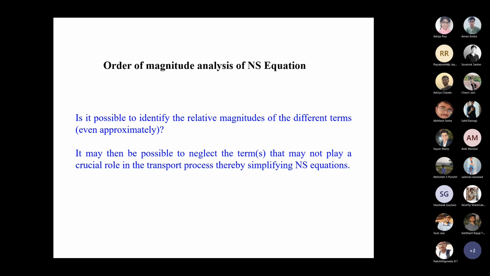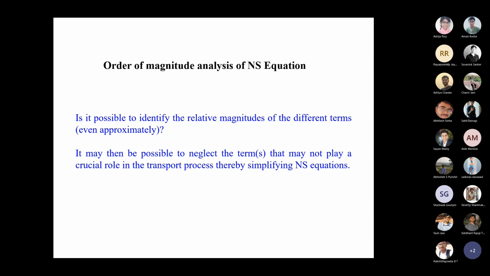Now then, coming to one of the main themes of working with the Navier-Stokes equation for slightly advanced problems, we would like to see whether we can make some judgment about the terms which remain after obvious simplification of the Navier-Stokes equation.